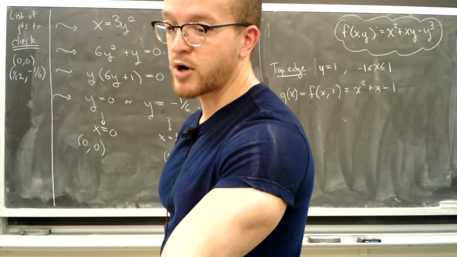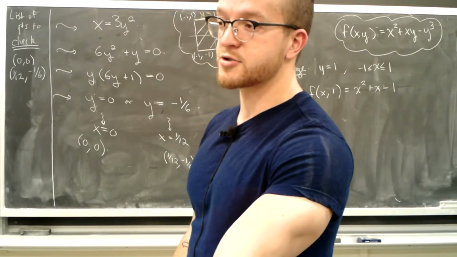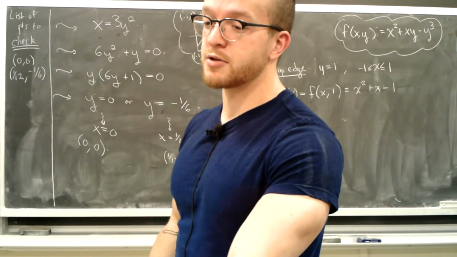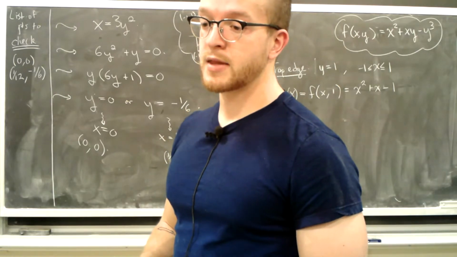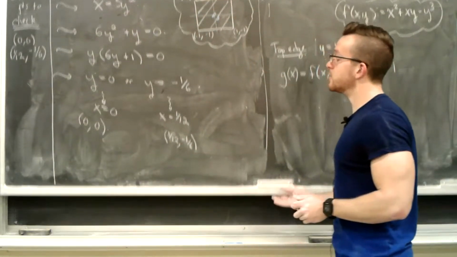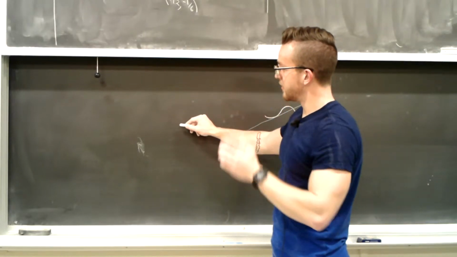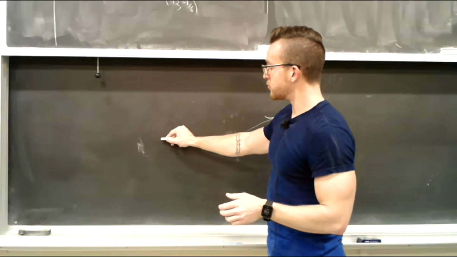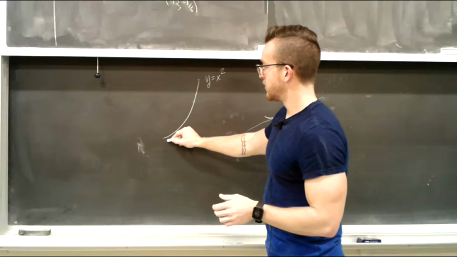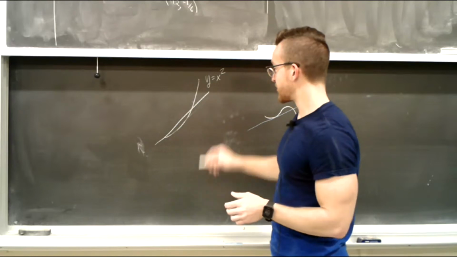Probably the only kind of regions you'll get are like a triangle or a square or a circle, or not necessarily, but you'd have to be given some data about the curves. So for example, I could give you a region bounded by y equals x squared and y equals x, or something like that.